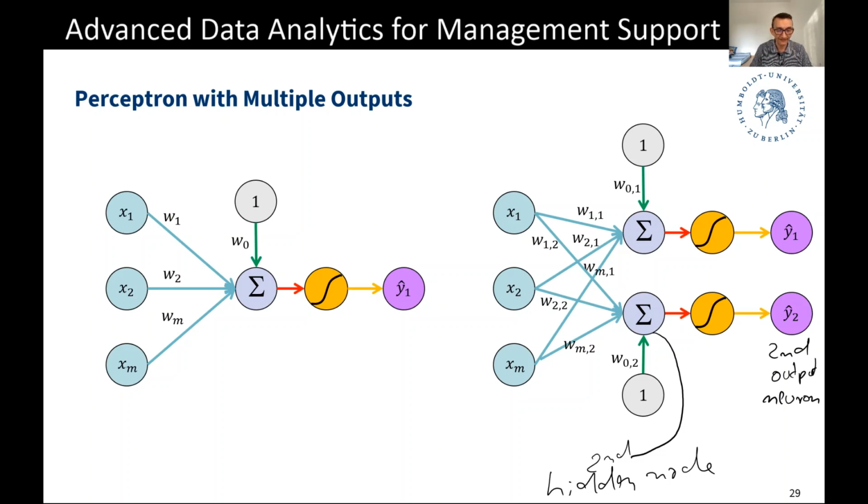That means that if I draw three input units, x1, x2 and then xm, in practice there would be as many input units as there are features. Then in a fully connected network, every one of these input units has a link to the units of the next layer, our hidden layer.